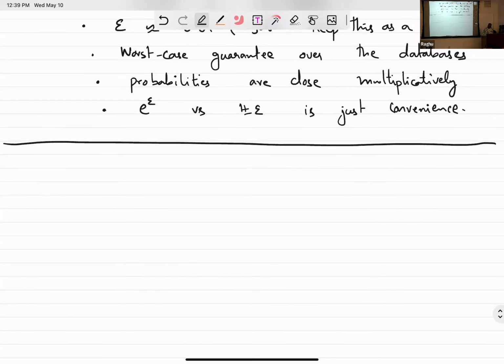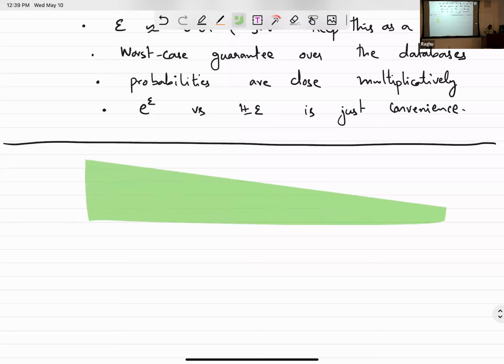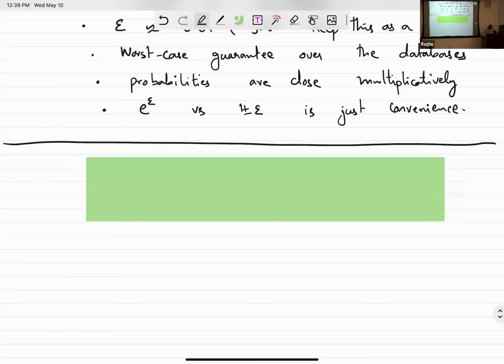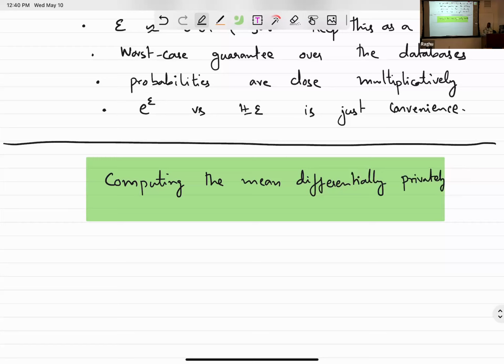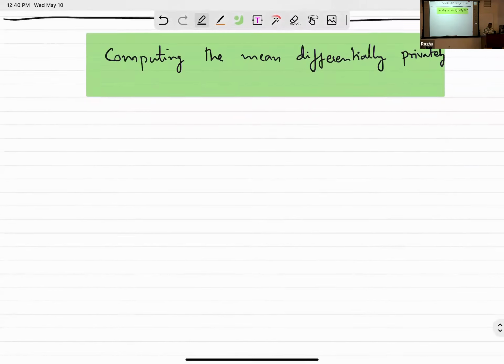Let's start with the most basic one, just as we did in the last class, which is, okay, how about computing the mean differentially privately? We'll start with this as the most basic question, and then we'll do many more things.